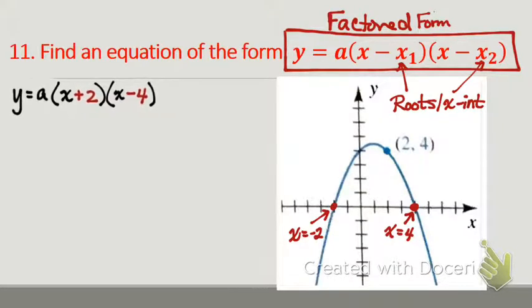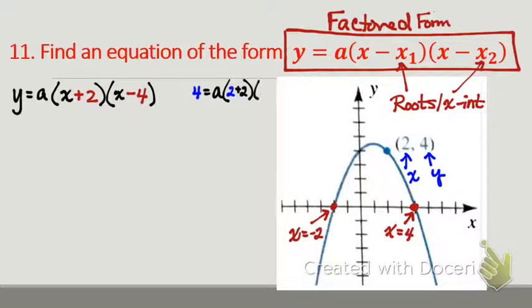Do I have anything that I can use to help me find A? The point (2, 4). So we're going to do that. I'm going to substitute 4 in the place of y, and I'm going to substitute 2 in the place of x. So instead of y equals, I'm going to have 4 equals a, which I don't know yet, and I'm going to put 2 in the place of my x.